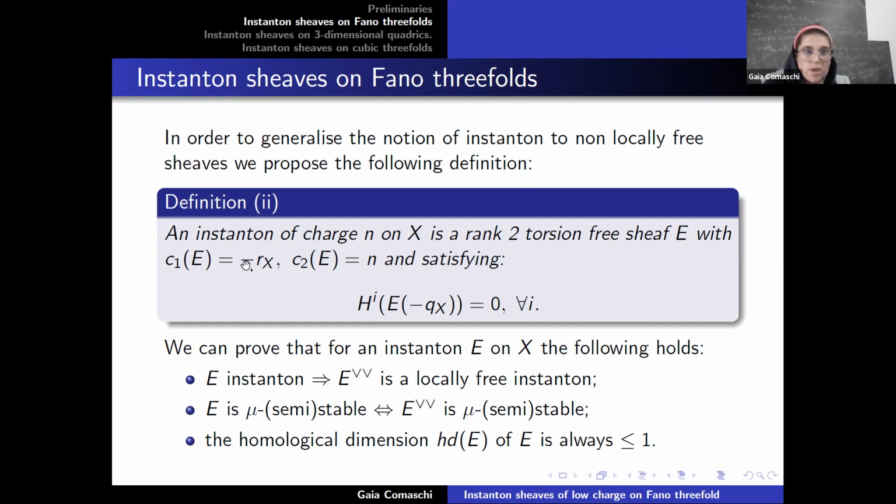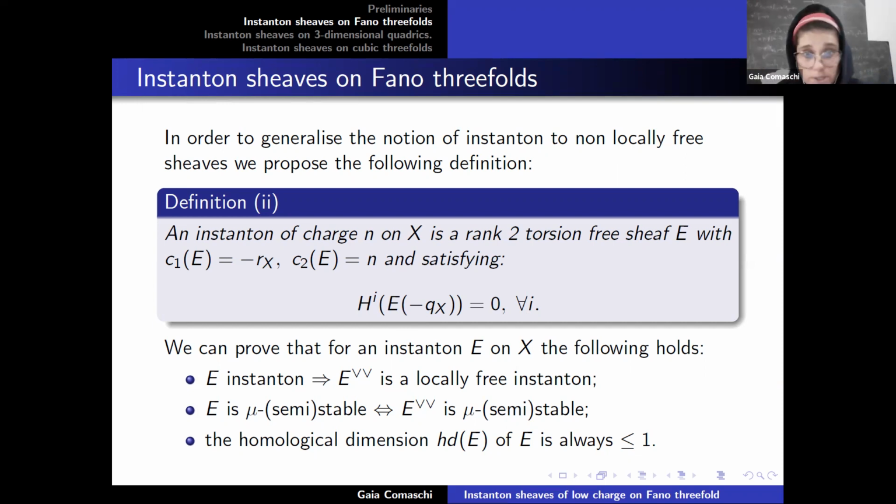So here we have either 0 or -1, depending on the fact that the index is even or odd. The second Chern class is n, and this time the instantonic condition will be the vanishing of all the cohomology groups of the twist of E by -q_X.